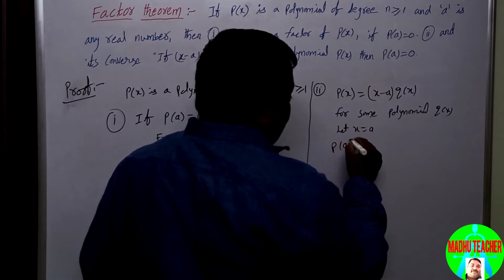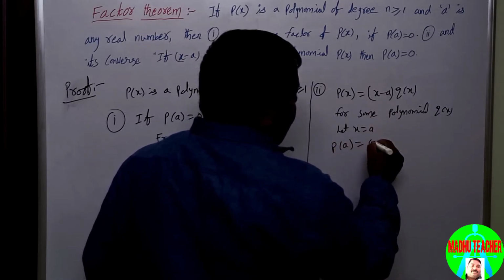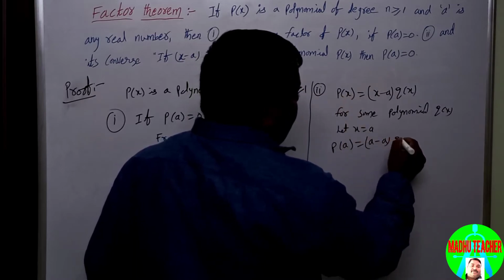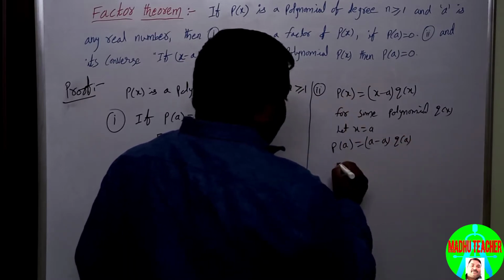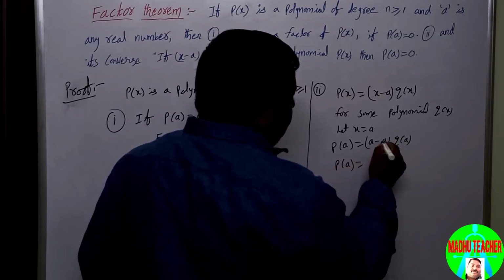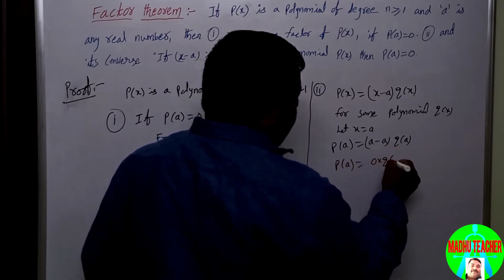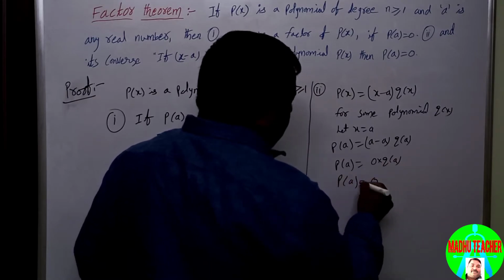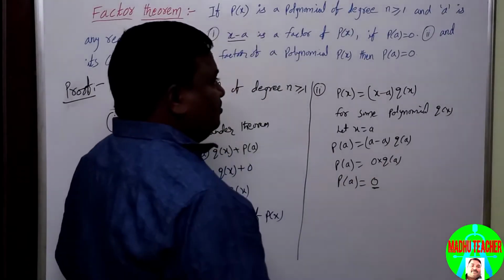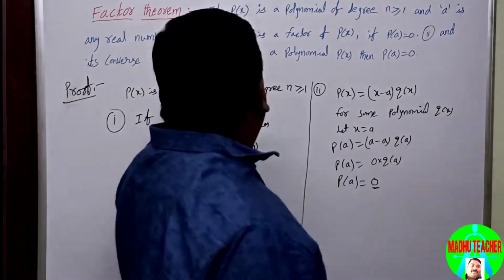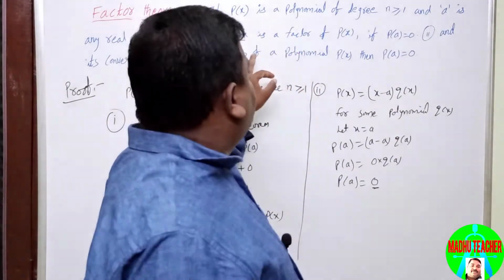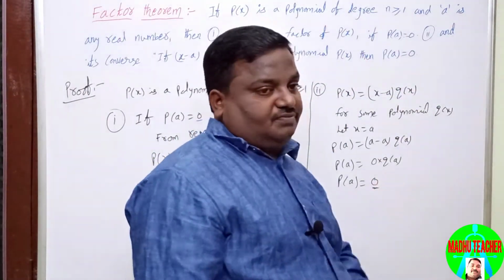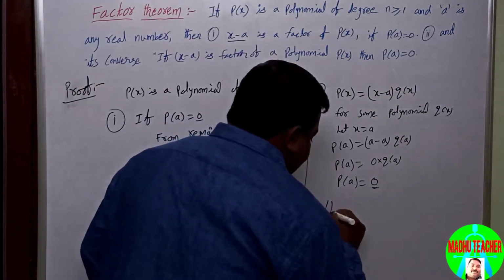So p of a equal to a minus a, just replacing x with a, into q of a. Here a minus a is 0, so p of a equal to 0 into q of a. 0 into something is 0. That is p of a equal to 0. If x minus a is a factor of polynomial p of x, then p of a equal to 0. Hence proved.